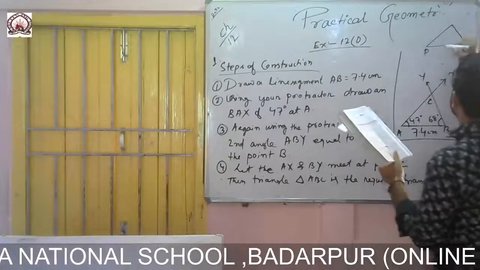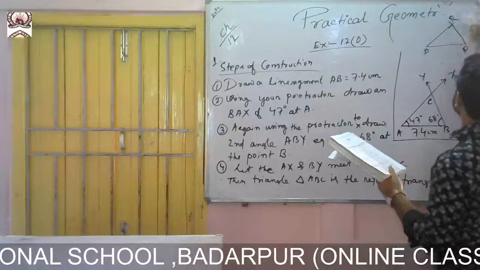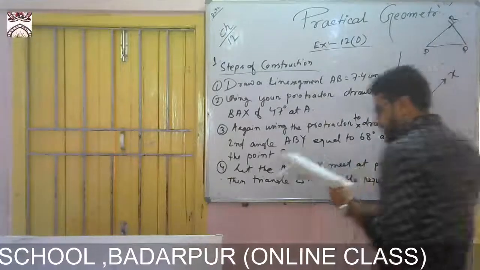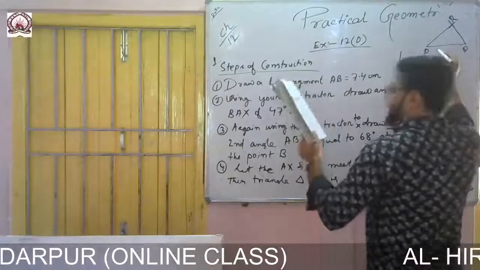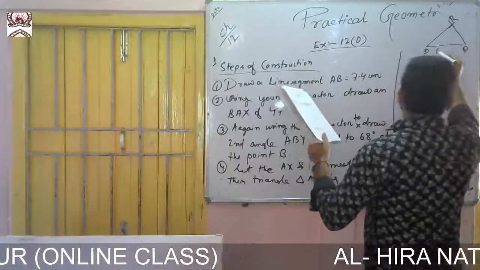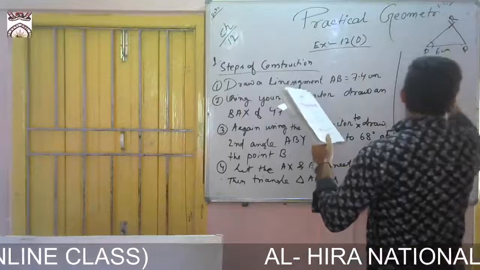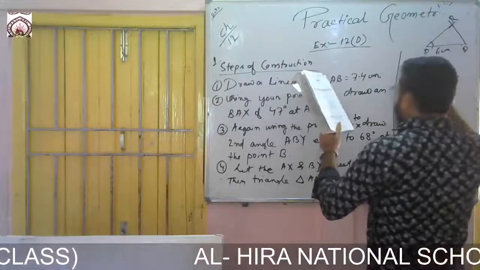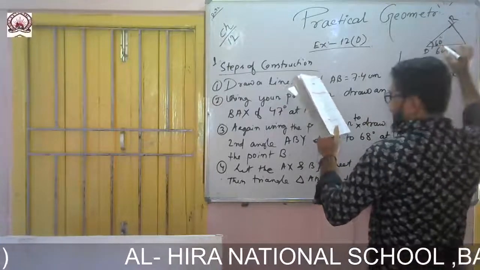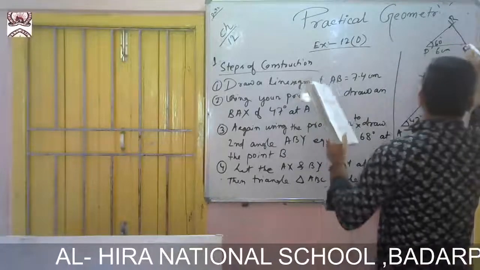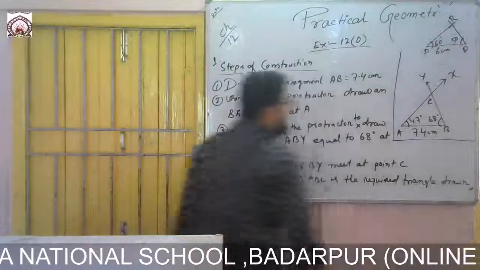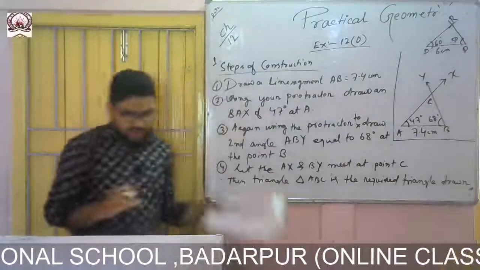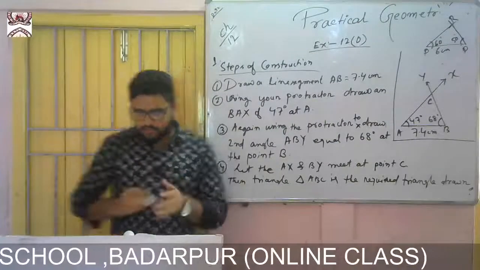Then this point of intersection will be R. So let us draw PQ. PQ how much is given? PQ is 6 centimeter, and angle P equals 60 degree, and angle Q equals 50 degree. It is exactly like question number 1, only the angles are changed. So let me draw this one.